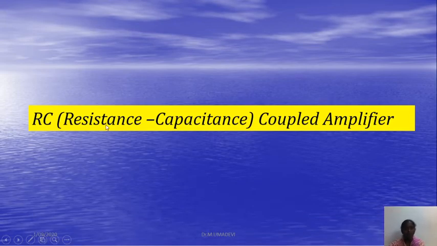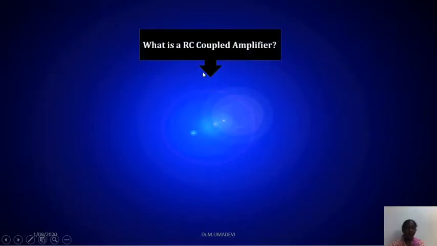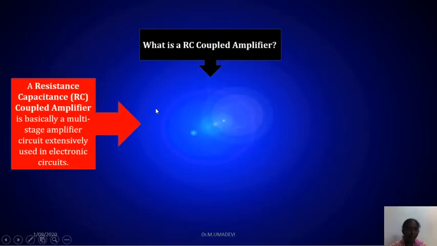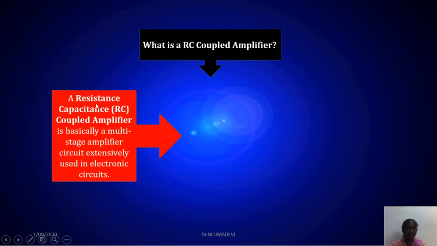Next, I will move to the RC coupled amplifier. What is RC? RC is nothing but resistance capacitance coupled amplifier. What is an RC coupled amplifier? RC means, as I told you, resistance capacitance coupled amplifier. The meaning of coupled is join. Join means what it will do?